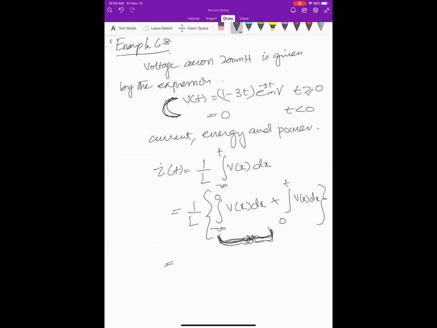The first integral goes to 0. Yes, so you're saying that this is 0. That's fine, that was my question. Why is it 0? Because you see in these conditions that anything before time 0 is 0. So that's why I will put 0 here.